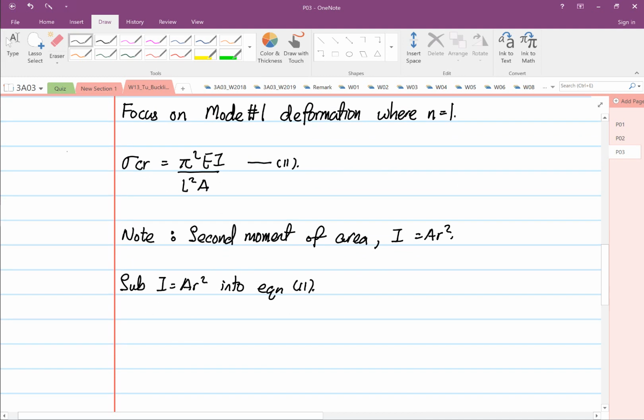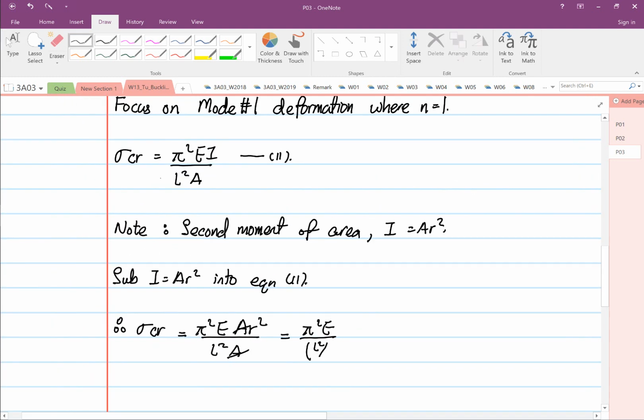So the critical stress is equal to pi squared E times A R squared divided by L squared A. We can get rid of the A's, so we can write this as pi squared multiplied by E divided by L squared over R squared. This is our equation number 12.